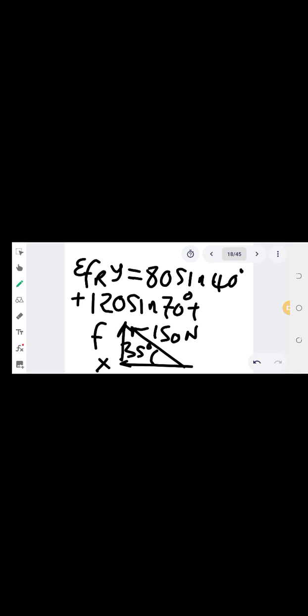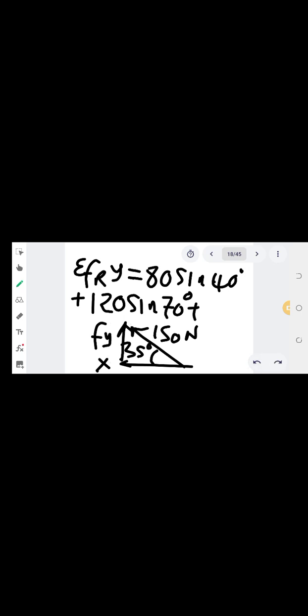To look for this component Fy in the y direction, we are taking the opposite because we have the hypotenuse of 150 newtons, and what we want is the opposite. The trig ratio applicable there is the sine ratio. Again this is pointing in the positive direction, as you can see.